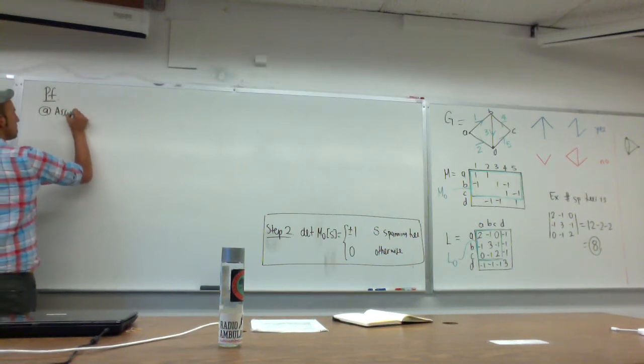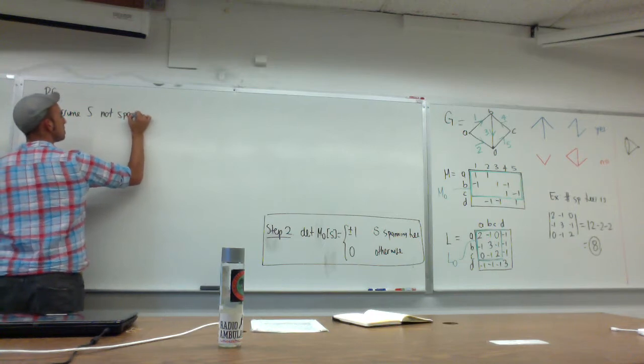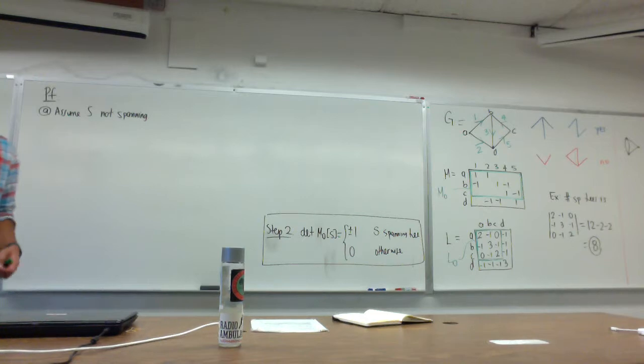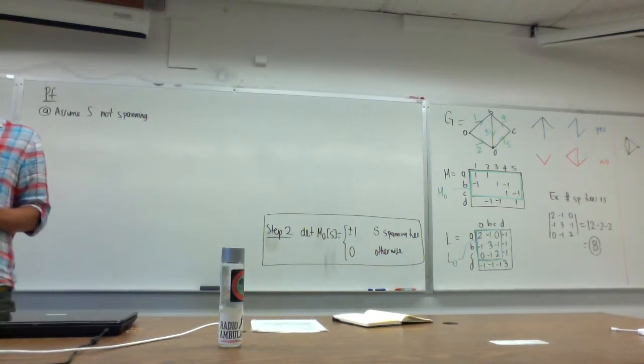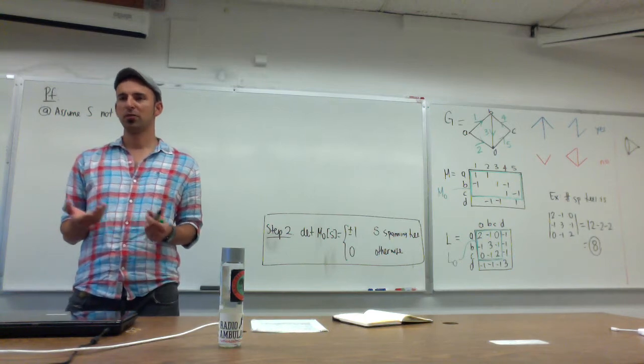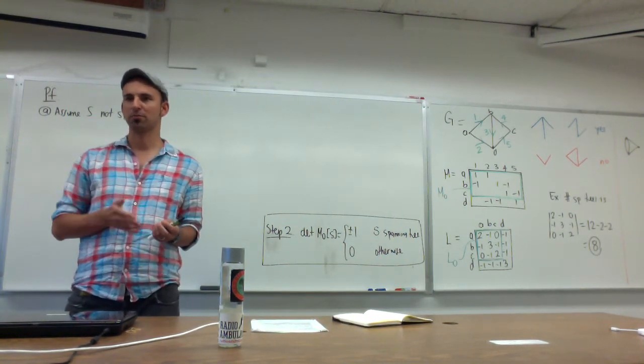Assume S is not a spanning tree. Well, if you have V minus 1 edges and you're not spanning, then you kind of wasted edges by wrapping into yourself. You're not a tree. You have cycles.